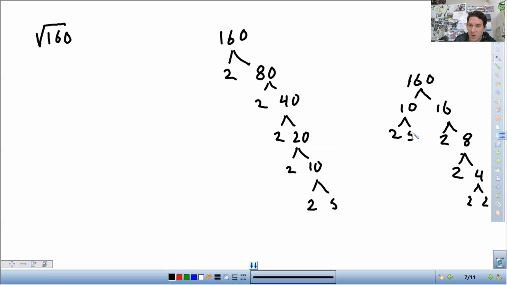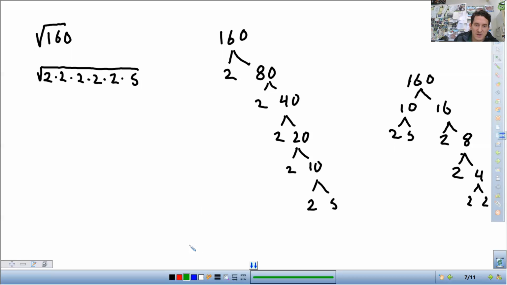But if you notice, there's 1, 2, 3, 4, 5 2s and 1 5. And then over here, there's also 1, 2, 3, 4, 5 2s and 1 5. So you get the same numbers as long as you're splitting it up correctly. So there's different ways to do that part.